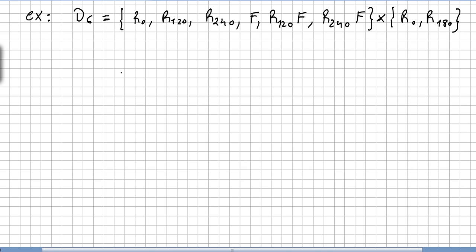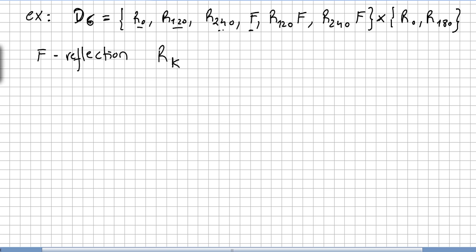Now we give an example with D6, the dihedral group of order 12, and this F here, I'm going to call it a reflection. And here all these are rotations by k degrees.